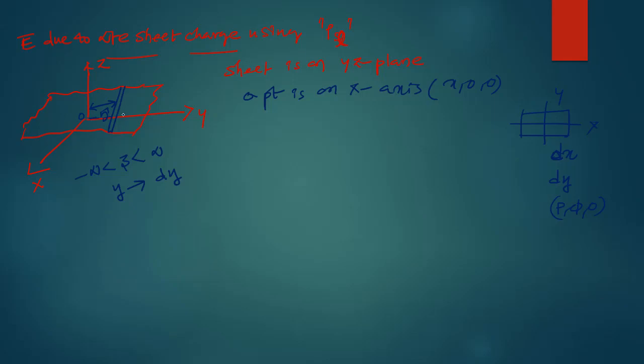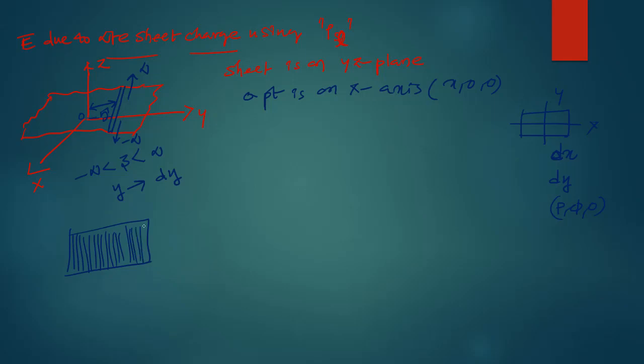It is of infinite length in the z direction, but it is maintaining a very small, infinitesimally small distance in the y direction. So it becomes an infinite line. You can see one sheet can be created from many lines like this.